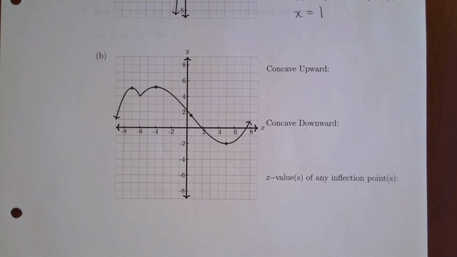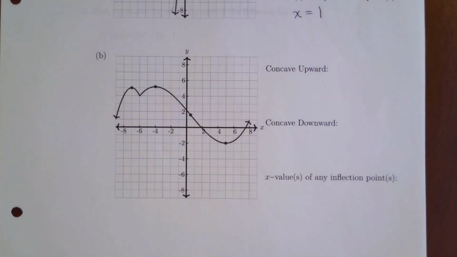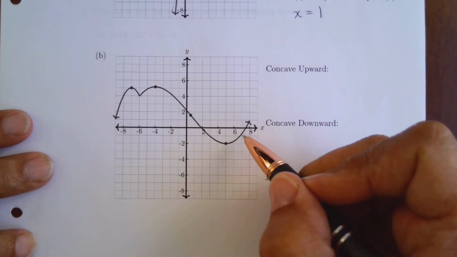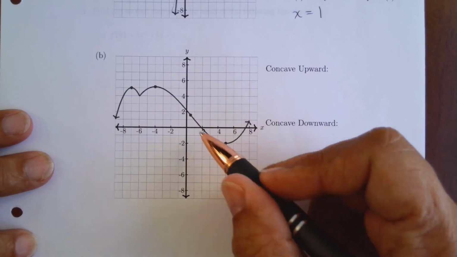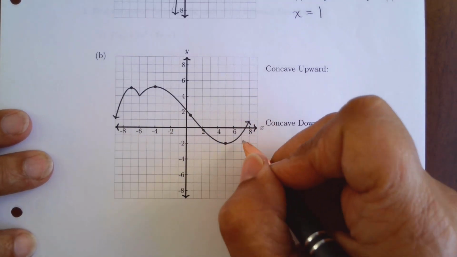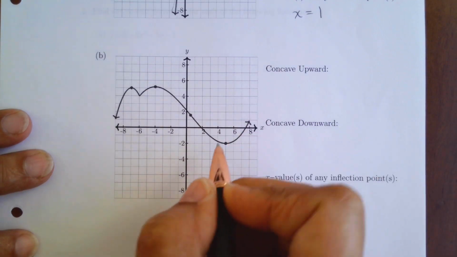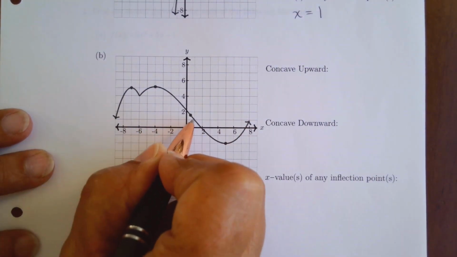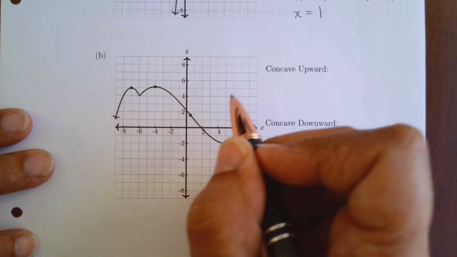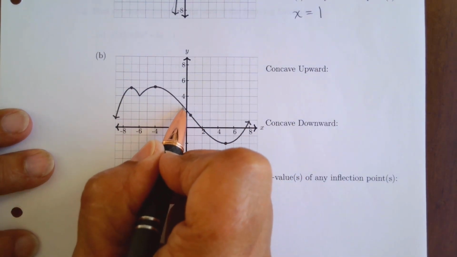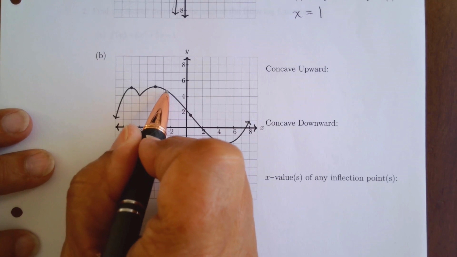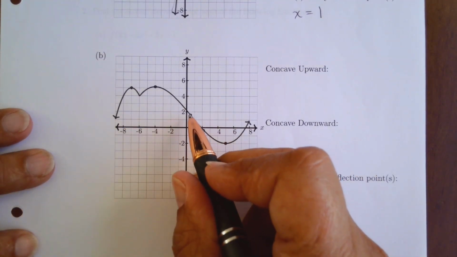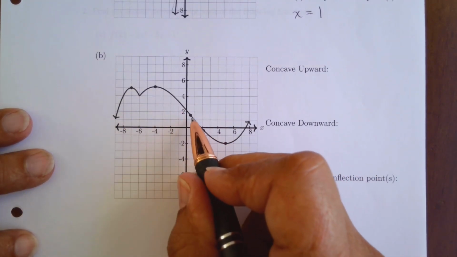Sorry, barking dogs there. All right, so looking at this graph, wherever the tangent line is below, remember the cup looking part, okay? Any tangent line that I draw would be below the graph here, here, here, right here. When I get right to here and I draw a tangent line on this one, that would be above the graph. So this is where we're changing from concave up to concave down.